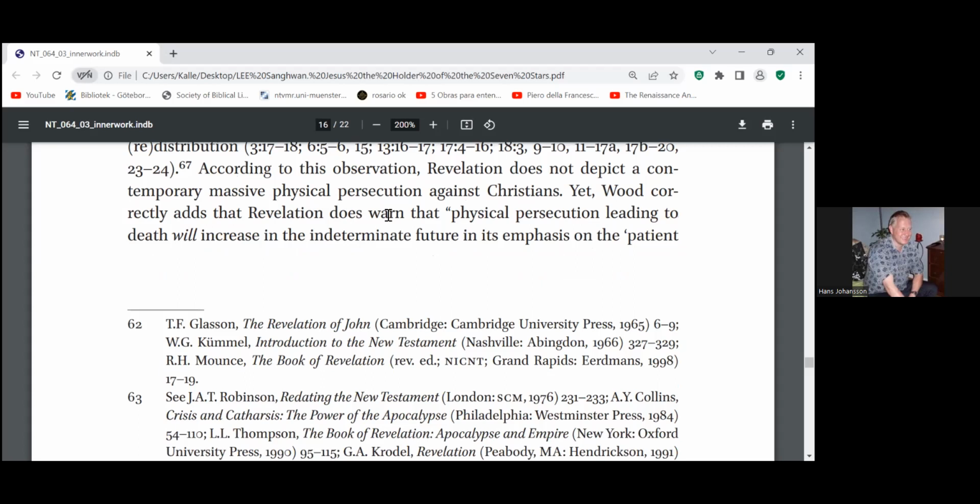According to this observation, Revelation does not depict a contemporary massive physical persecution against Christians.